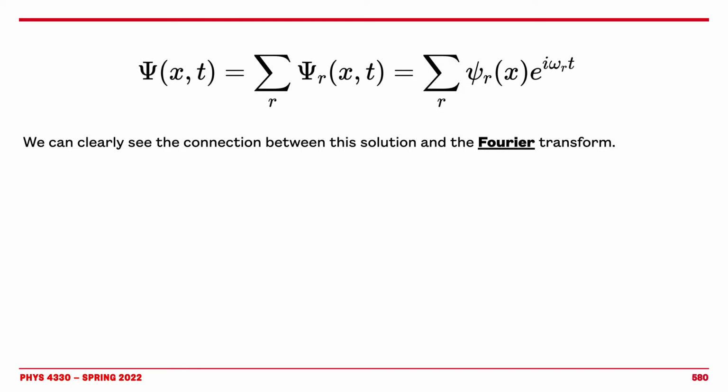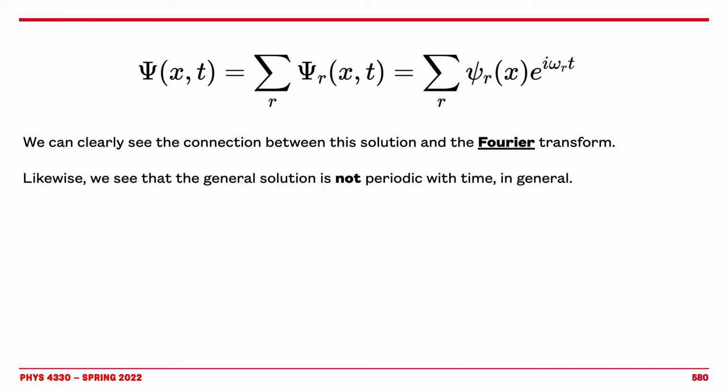So this is really equivalent to a Fourier transform. So we see that the function is no longer periodic in time in general, but that's fine. There's not a problem at all. If you're not convinced, try to look at what would be the period of the function written on top of this slide, and you will see that since we are using different frequencies omega r, the function is no longer periodic in time.